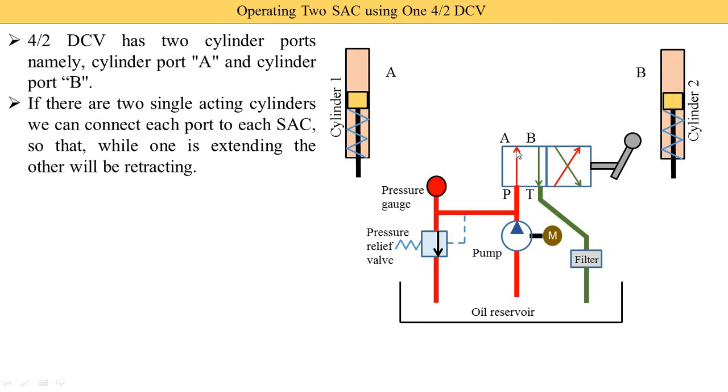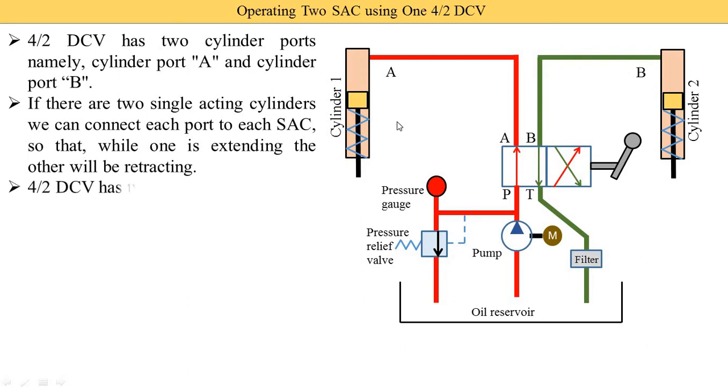Here you see in the directional control valve we have the two ports A and B. So we connect the cylinder 1 port with this A, and cylinder 2 is connected with this port B. Here we draw the lines. A line means the pipe connection, and from the B port we connect cylinder 2. The 4x2 DCV has two positions of the spool, which you already know.